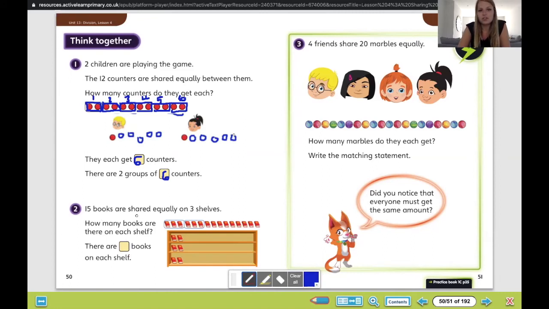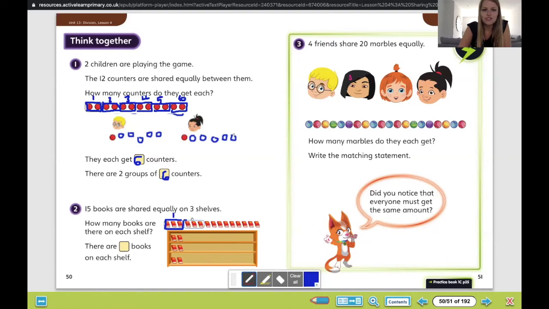15 books are shared equally on 3 shelves. 3. So we need to make sure that there are 3 books in each group. How many books are there on each shelf? So we've got one group of 3.